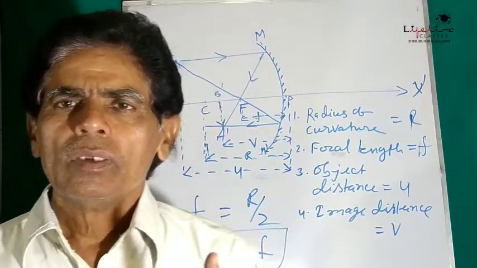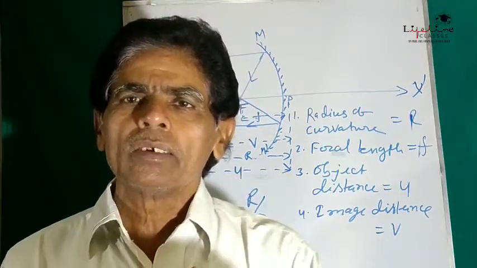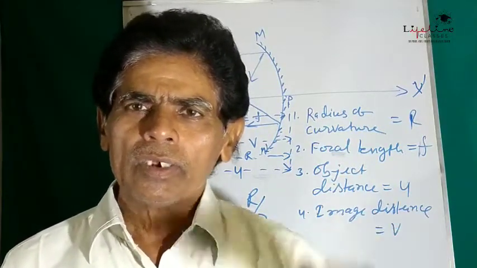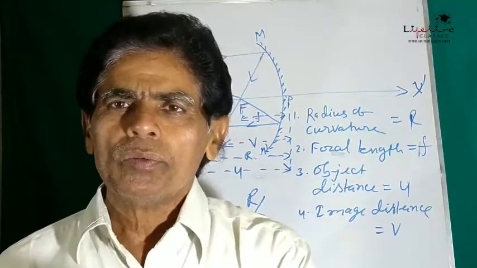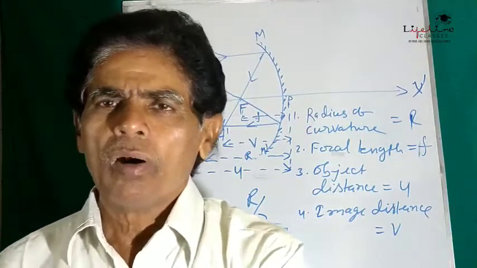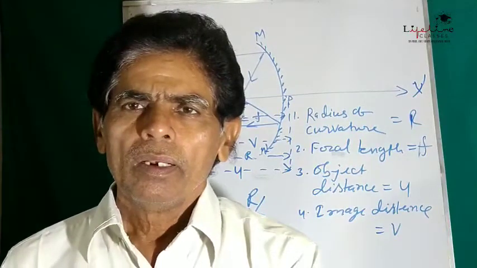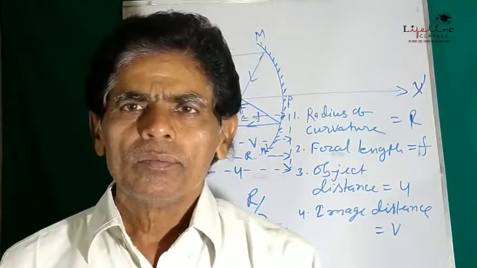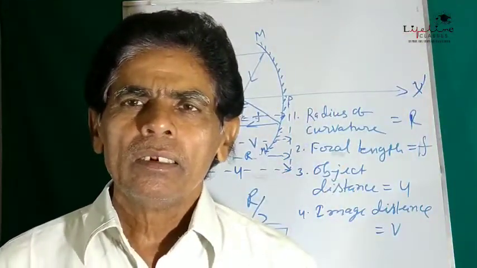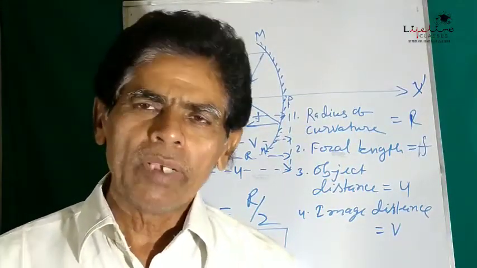And the third one, when the incident ray passes through the center of curvature and gets incident on the surface of the spherical mirror, it gets reflected along the same path, that is, it reflects across the center of curvature.